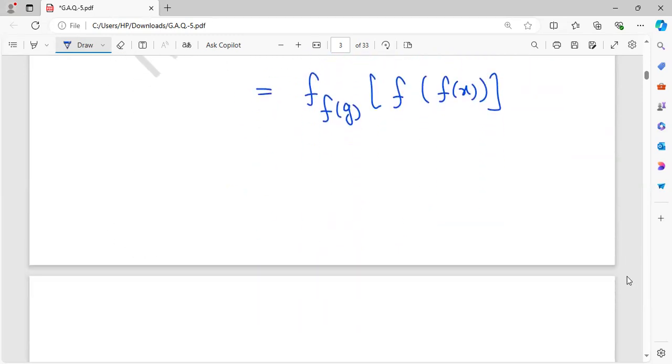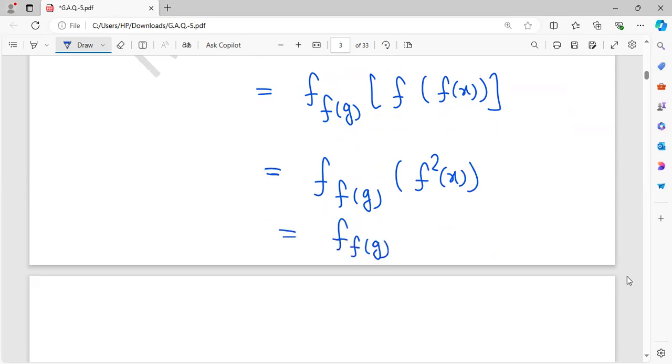So what is this? This is f(g), because f(g) is an inner automorphism, and this is f²(x). f²(x) is nothing but f(x). Okay. Again, f commutes with inner automorphism, so you open this one.